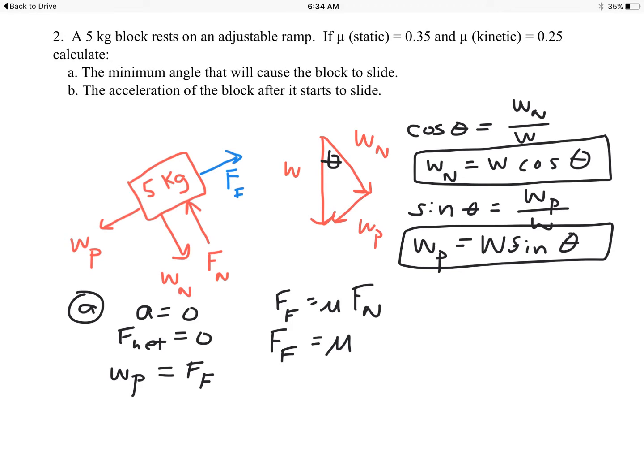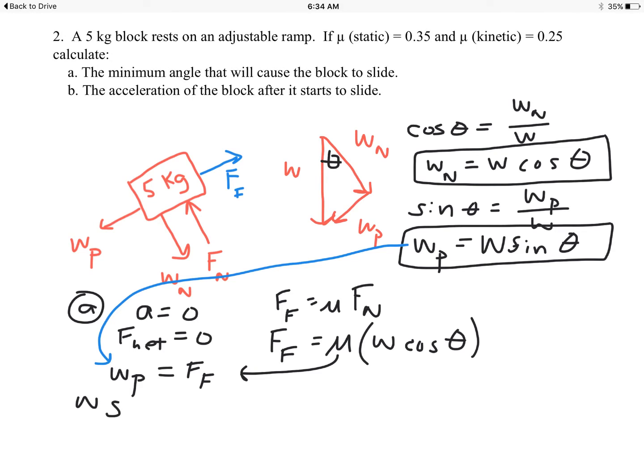Well, force normal is equal to weight normal, so the weight normal is W cosine theta. I'm going to plug that in for the force of friction over here. I'm also going to plug in the W sub p, and we'll get something of this nature. It's going to be W sine theta equals mu times W cosine theta.